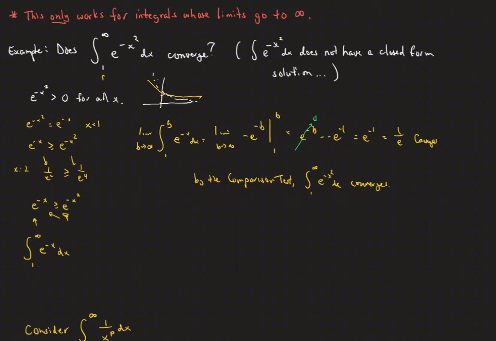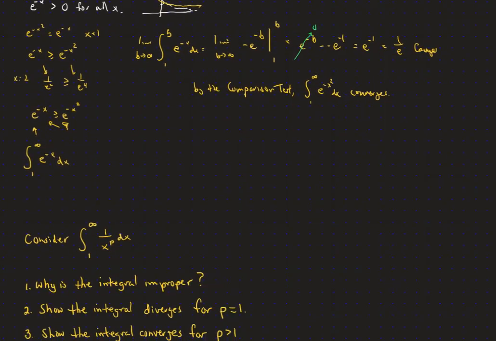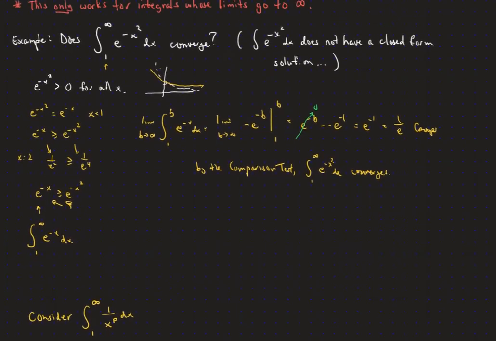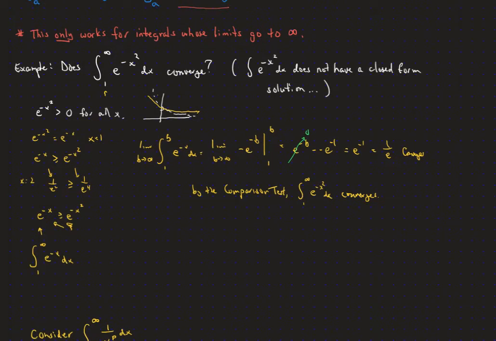Okay? That's the idea. Now, that's the hard part. What challenges most people with the comparison test is that in order to use it, we first of all have to decide, does our integral actually converge or diverge? We have to make a judgment call.